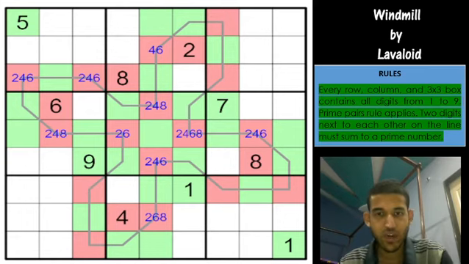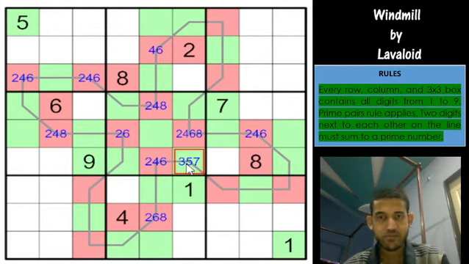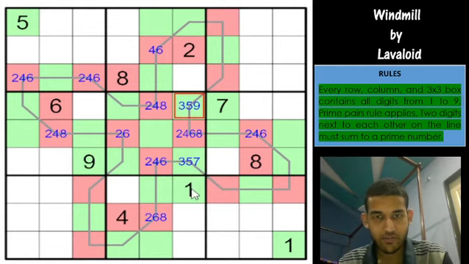Okay, so let's write in some possibilities now. So this cannot be 1, this cannot be 9, so this would be 3, 5, 7, and this would be 3, 5, 9, because you have 1 and 7 here, so that becomes 3, 5, 9.